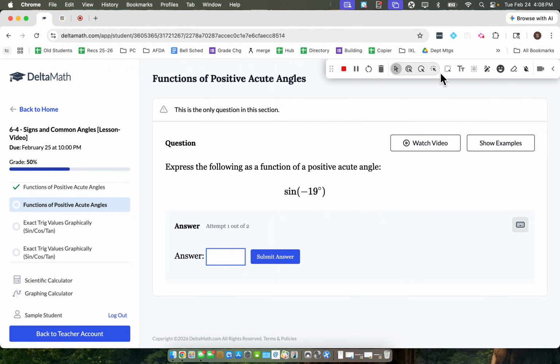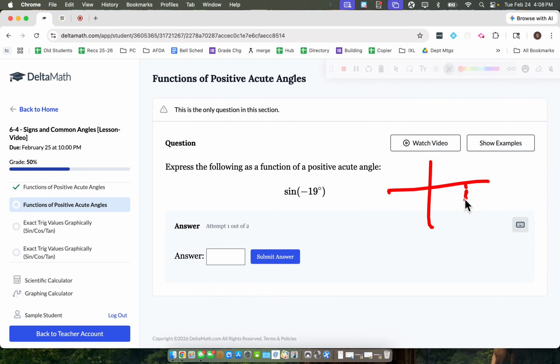Okay? Try this. Sine of negative 19. So where are we? We're down here a little bit, because you go in the opposite direction for negative angles. That's negative 19. Well, the reference angle, this distance is obviously 19. So I could do the same thing up here. That's 19.